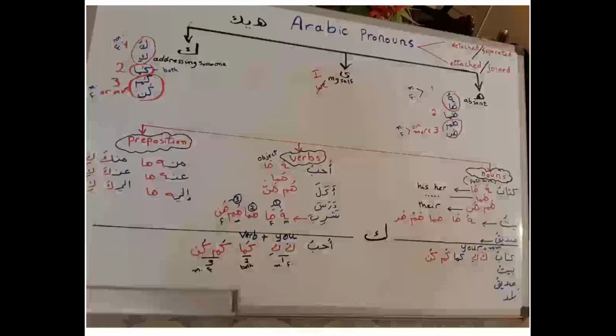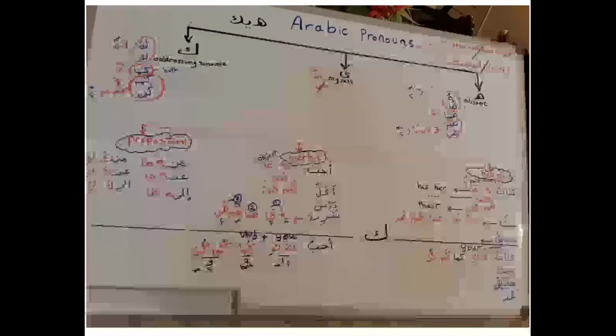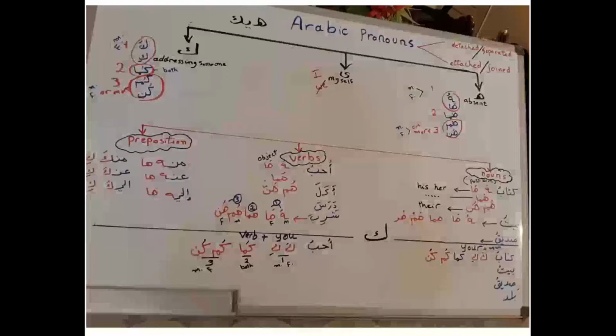But before we start, please notice that in Arabic we have a specific pronoun for every person. What do I mean by that? We will try to remember the numbers 1, 2, 3. You can address one person, or two persons, or three persons. The one is always in detail, male and female.